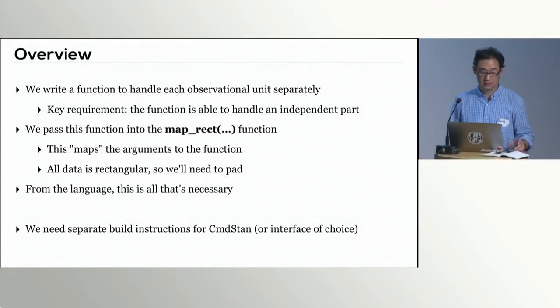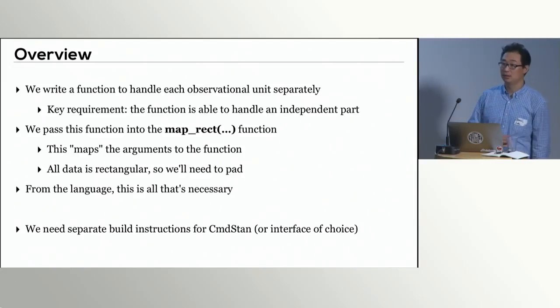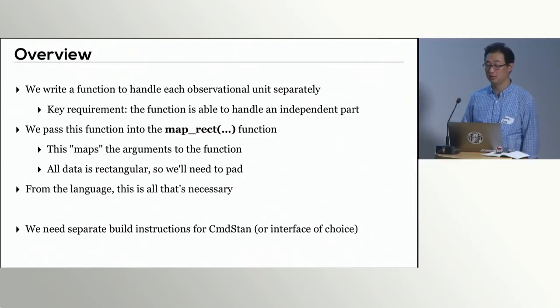To get into parallelization, what we're going to do is write a function to handle each observational unit separately. The key requirement in parallelization here is that you're able to break it up into independent parts. So for example, if this is an ODE for patients, each patient is independent. Here in this harmonic oscillator, each observational unit is independent of the others.